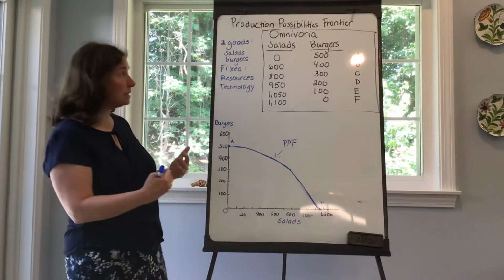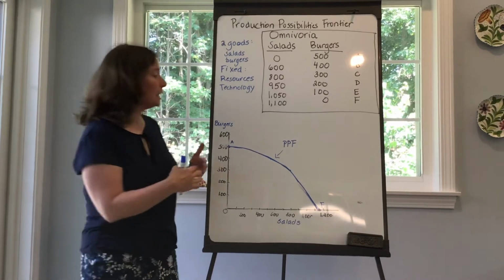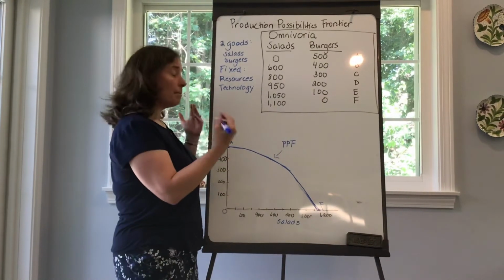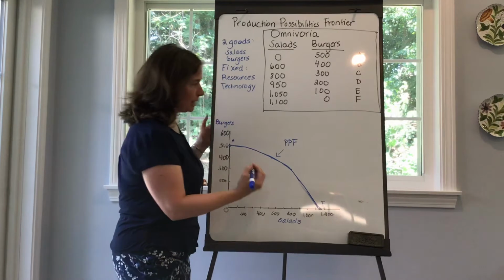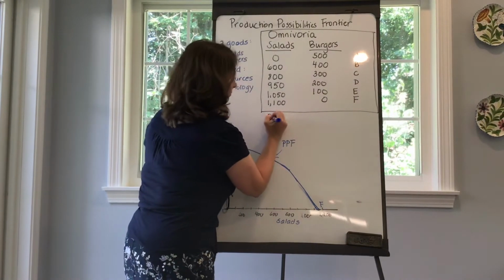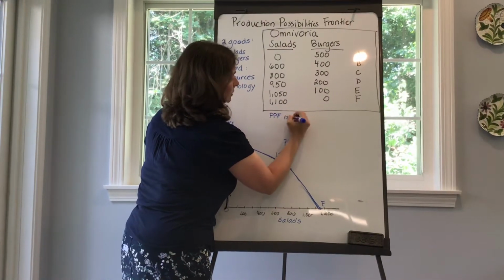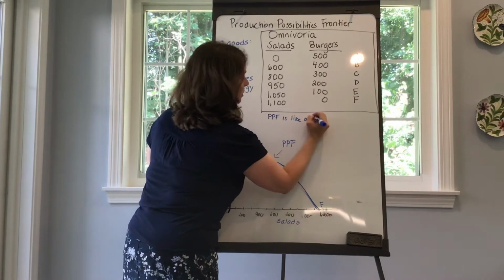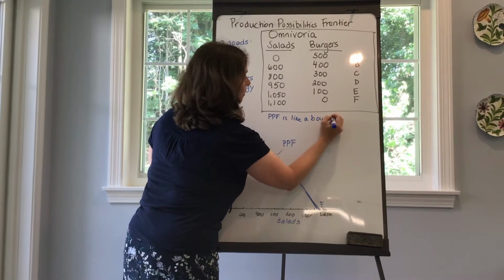And in fact, it's a specific boundary when we think of production. It's the boundary between what's possible and impossible. So we'll just write that here. It's like a boundary.